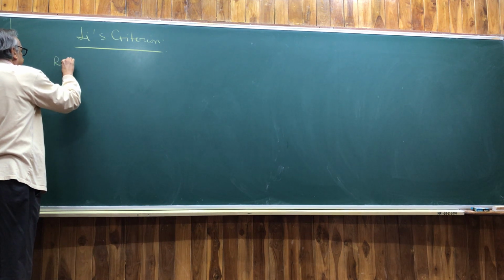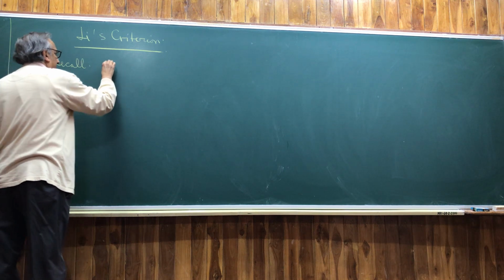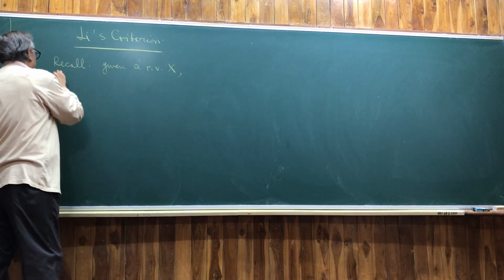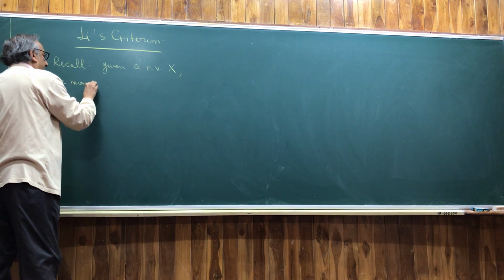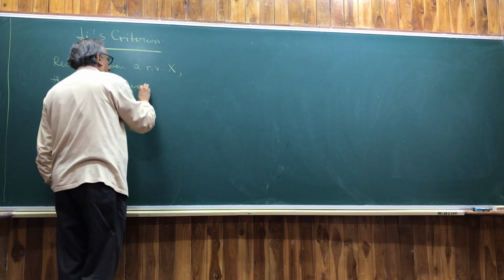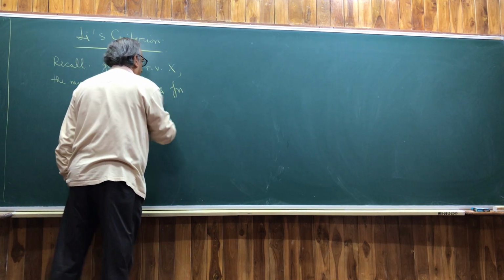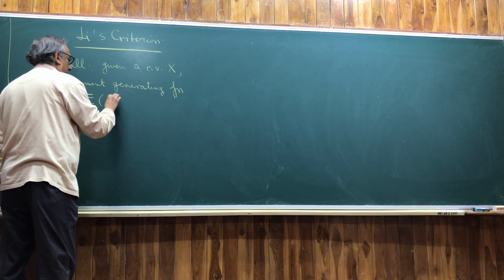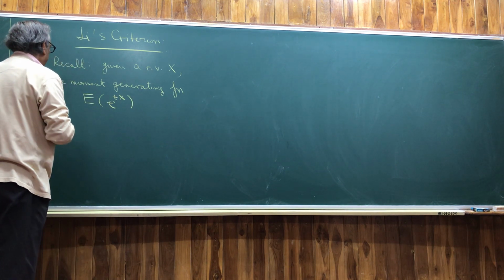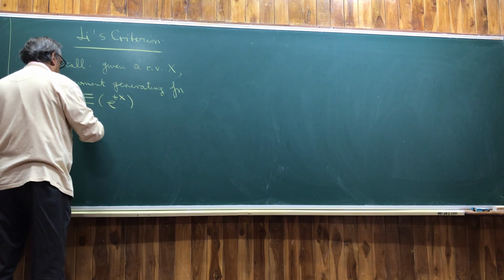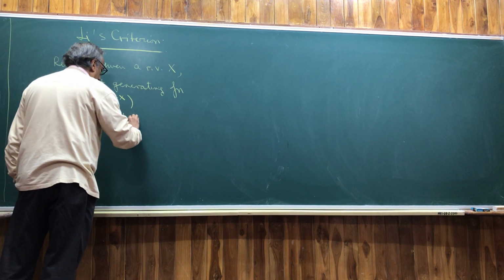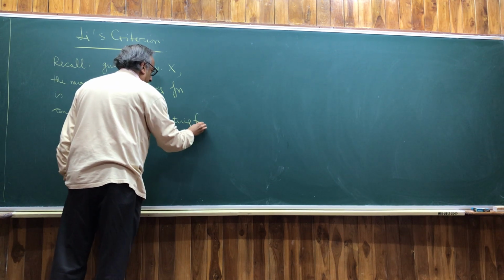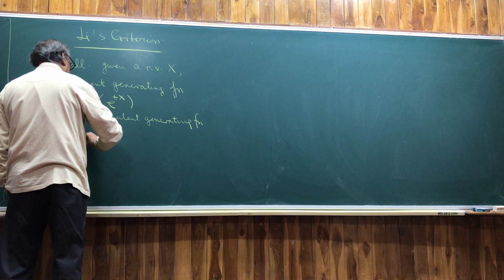Recall that given the random variable X, the moment generating function is E of e to the tX, and the cumulant generating function is log of E of e to the tX.